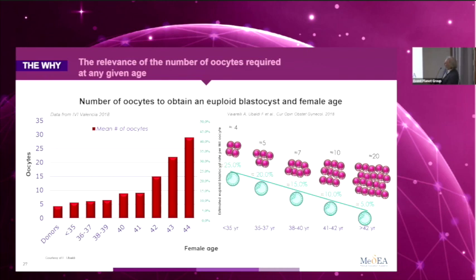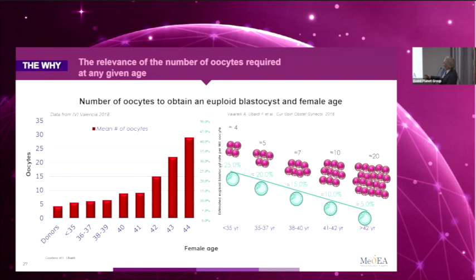So if you consider a patient above 35 years of age, year by year, you have a dramatic decrease in the rate of euploidy. So in a patient 41, 42 years of age, less than 10% of blastocysts are euploid. And you have a progressive decrease in euploidy.